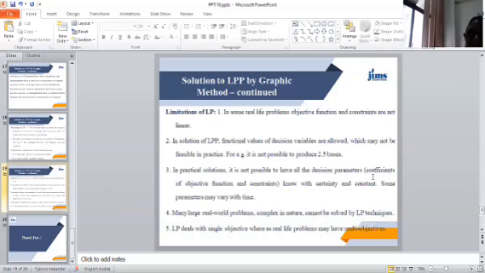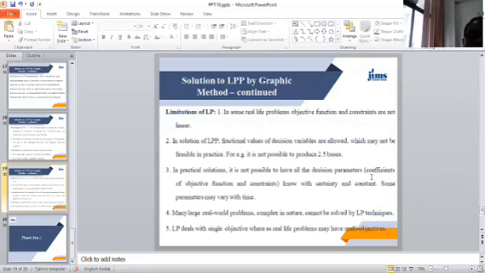Third case is that in most of the practical situations, the decision parameters, means coefficients of objective functions and constants, are not known with certainty and they are not constant over a certain period of time. Parameters vary with time. So this is another big limitation of linear programming model.